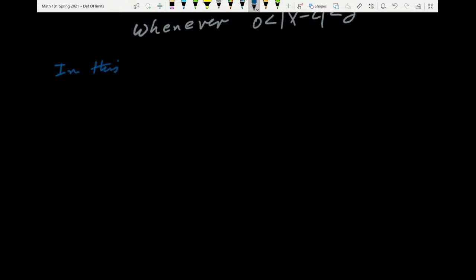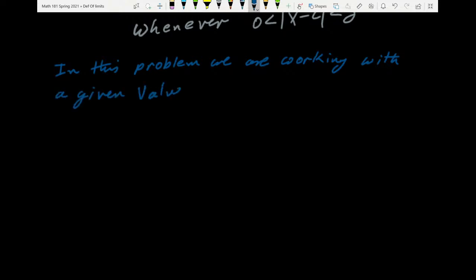In this problem, we are working with a given value epsilon, namely epsilon is 0.01.